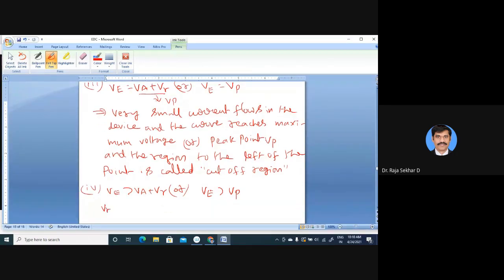Here V gamma is cut-in voltage and it is equal to 0.2 volts for germanium and 0.6 volts for silicon.